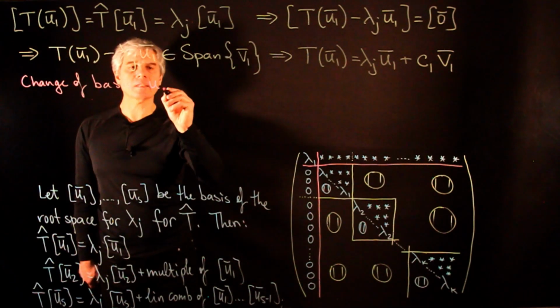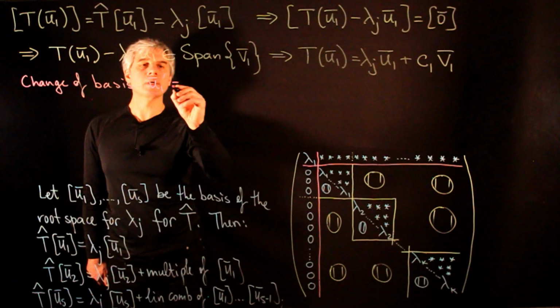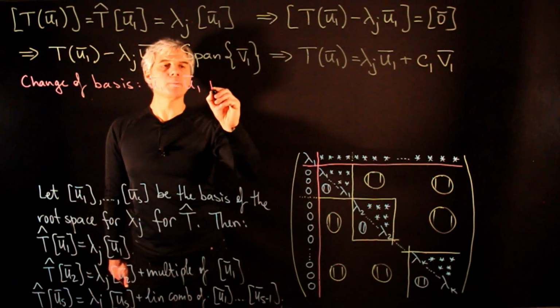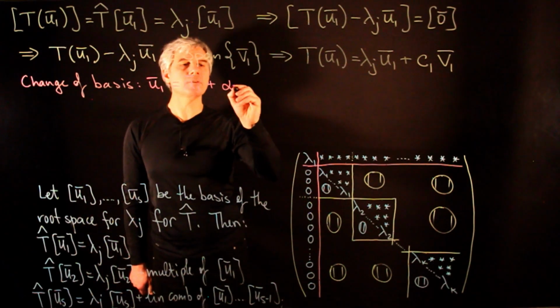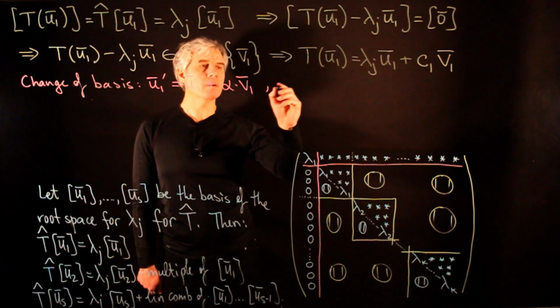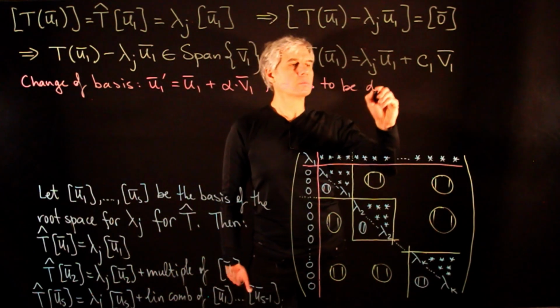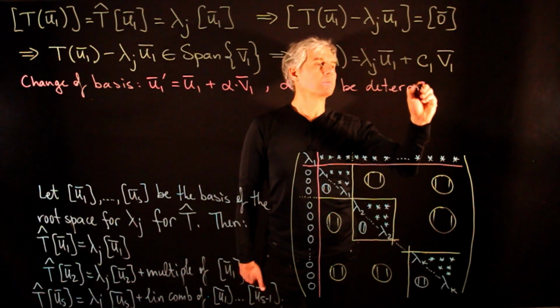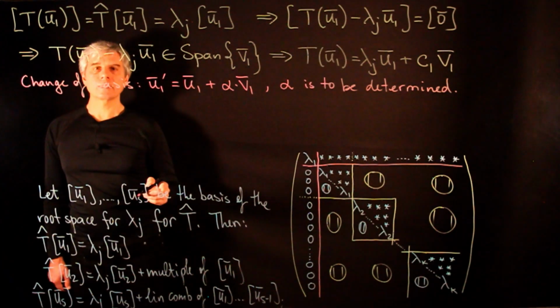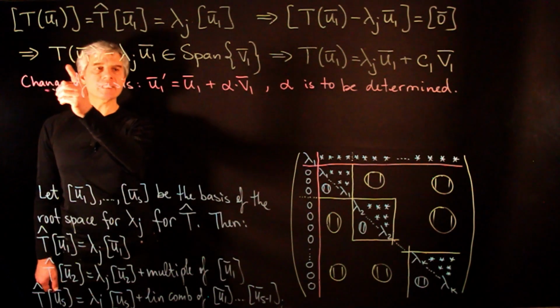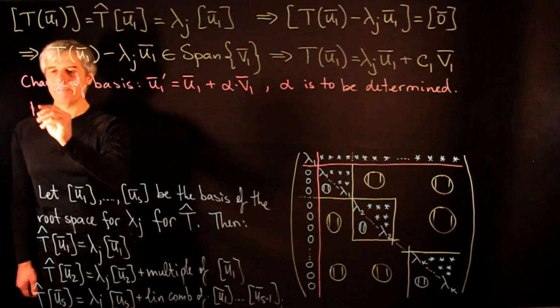We are going to perform the change of bases, where we will set a new vector u1 prime to be u1 plus a multiple alpha times v1, where the constant alpha is to be determined. Let us see how operator T acts on u1 prime.